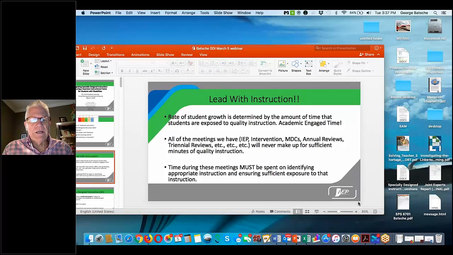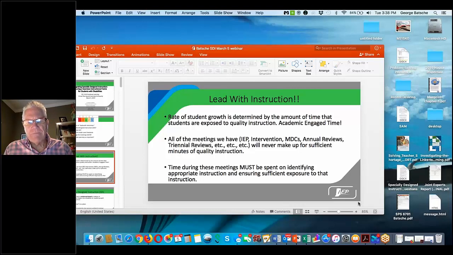So the first thing here is leading with instruction. Academic engaged time, and you can read these slides. I'm not going to be reading slides to you. You're perfectly capable of reading them. Academic engaged time is the total number of minutes a day, a week, a month, a year that students are engaged in high quality instruction.